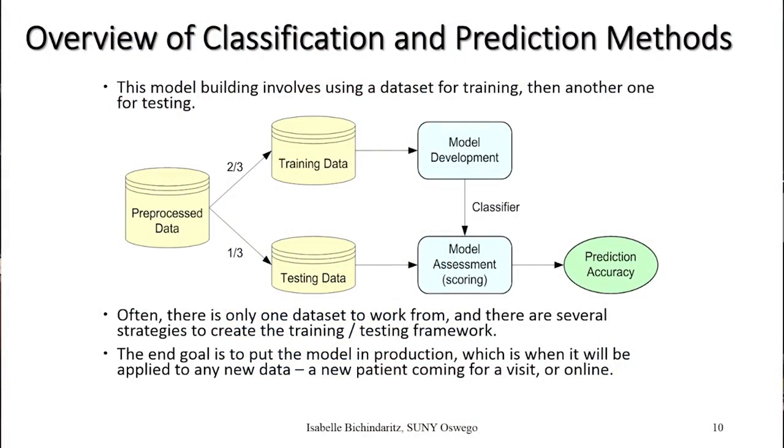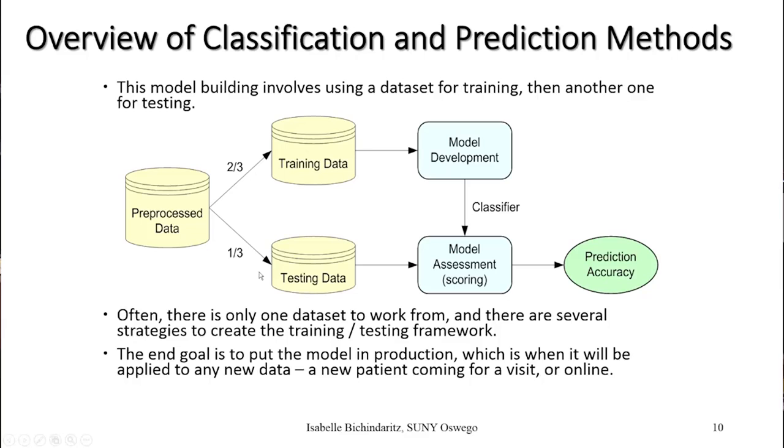The model building actually involves using a data set for training, then another one for testing. So we start here from a set of pre-processed data, and suppose that we have only one data set. Very often what we do is separate the data set into a training set and a testing set. For example, we can take 2/3, which is 67%.